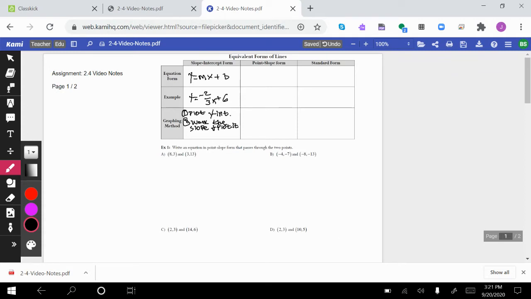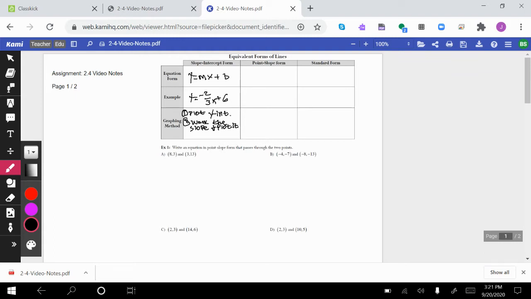So we graph our y-intercept, which is going to be (0, 6), and then we use our slope of negative 2/3 to plot the remaining points on that line. For negative 2/3, you could either go down 2 and to the right 3, or you could go up 2 and to the left 3, because that's going to give you that negative slope.